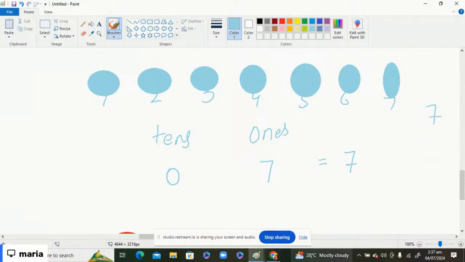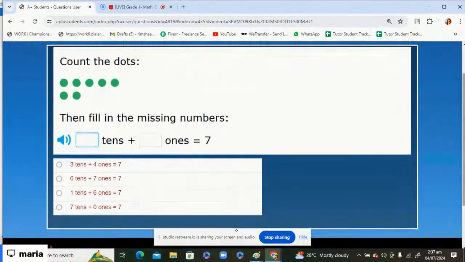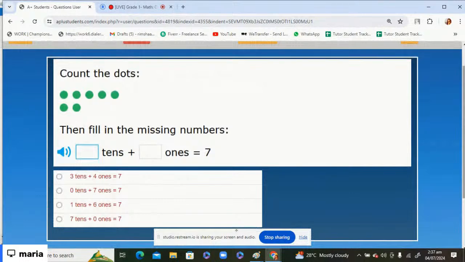Okay, so let's check. Is there any option with 0 in the tens place and 7 in the ones place, and the answer is 7? Now you tell me which option is here: option A, B, C, or D? Obviously option D, because 0 is in the tens place and 7 is in the ones place.